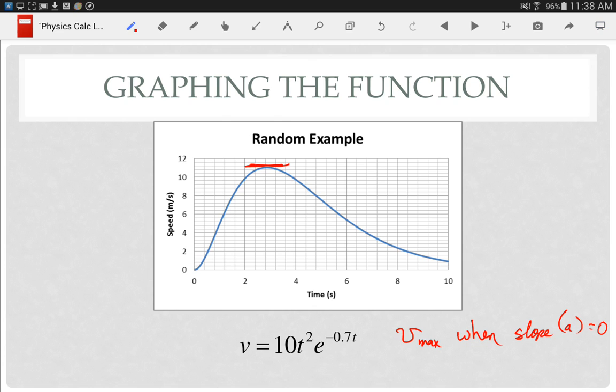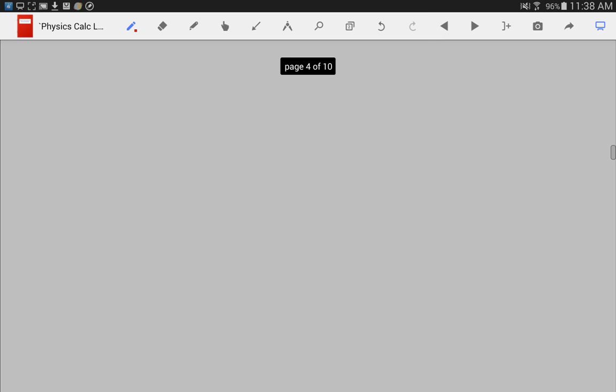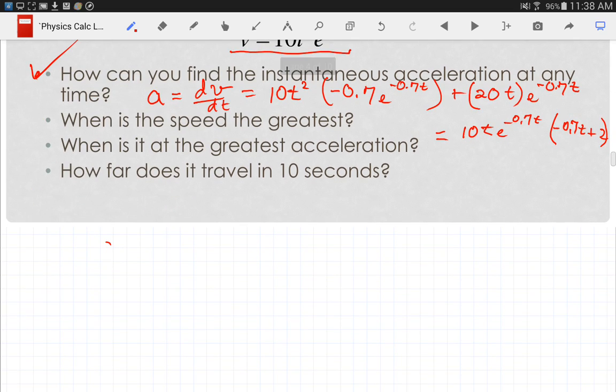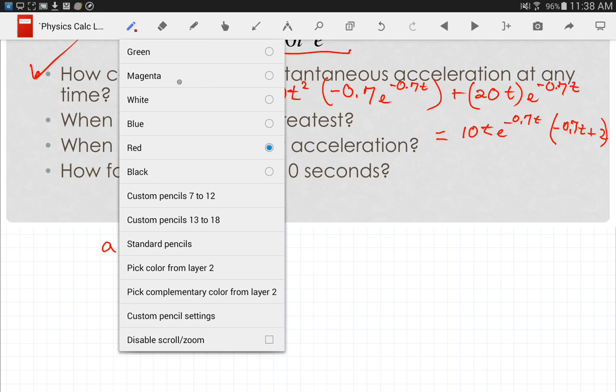And so what we do is we take the derivative, the acceleration that I just did on the previous page, and we say, at what time is that equal to 0? So going back to the previous page, we have our equation here that says acceleration equals 10t, and I'm going to use 3 colors to write this equation.